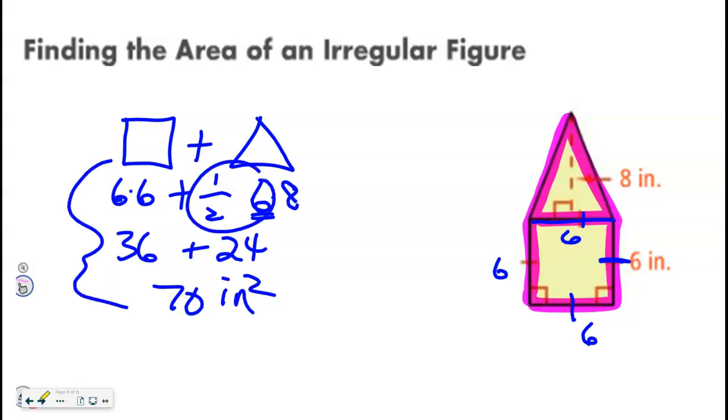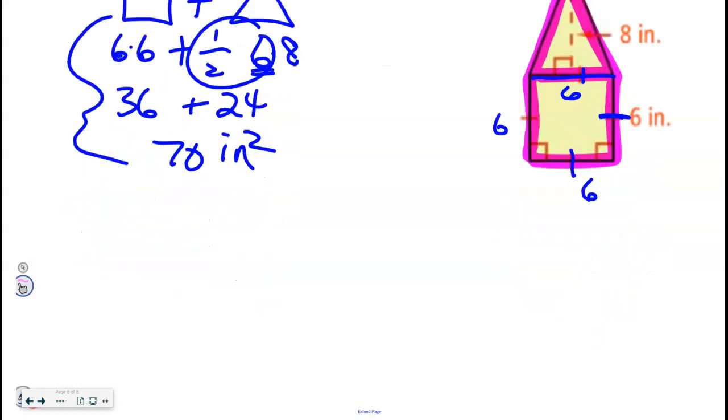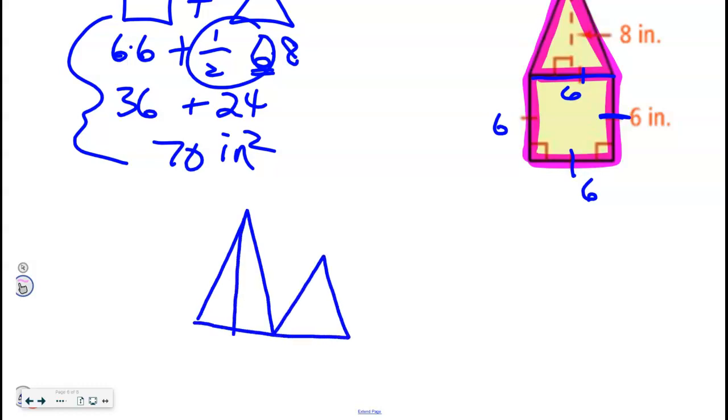Something like this on your homework, again, if you're doing it on your calculator, there's a lot of buttons to push. I got that answer like in 1 second, right? So be careful with that. Now there's some cool ones on your homework, and I want to stop for 1 second. There's one when you get your homework that's going to have like a triangle like this, and then another one like this. And you're going to know the height. Maybe it's 10. You're going to know this height. Maybe it's 6. And you're going to know this whole length.